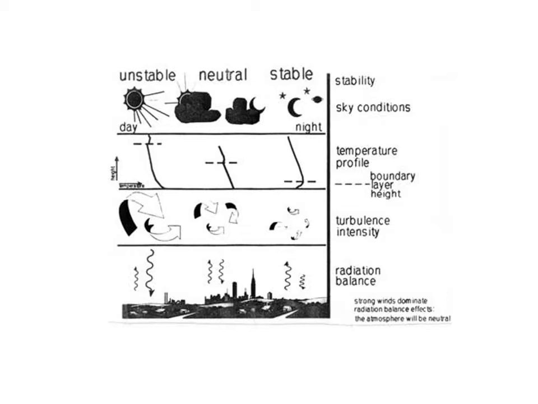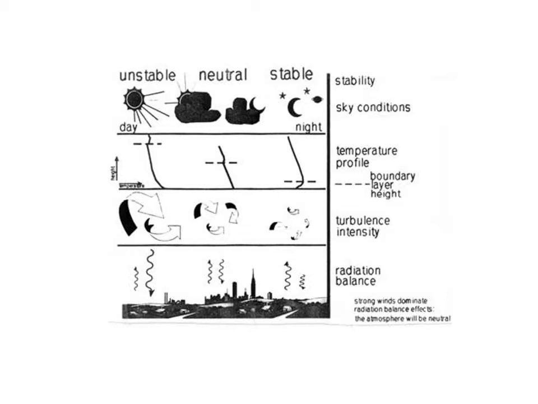The neutral condition happens either during early morning or during sunset. The turbulence intensity is comparatively less and the incident radiation and the radiation being emitted back to the atmosphere are almost balanced.